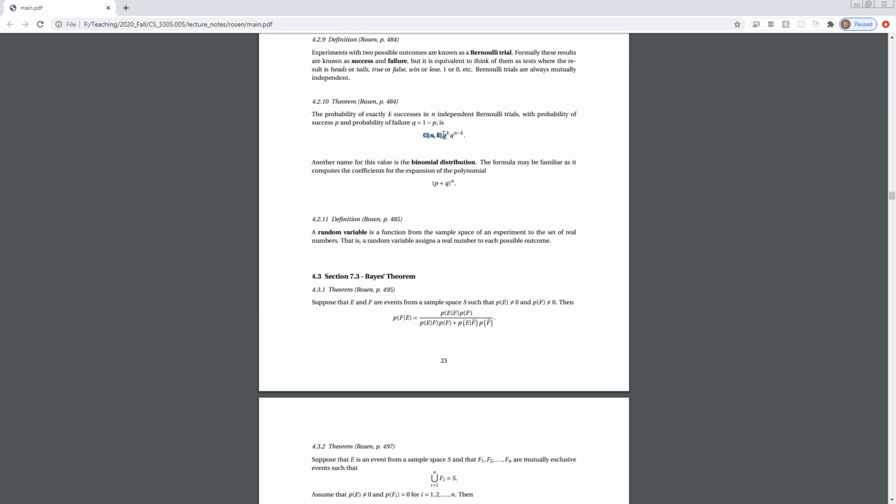So you do n choose k times 1/2 to the 40 times 1/2 to the 60, 100 minus 40. Right? And so that would give you the overall likelihood of getting that. And this combinations term is just the number of times that you could get 40 out of 100 flips.